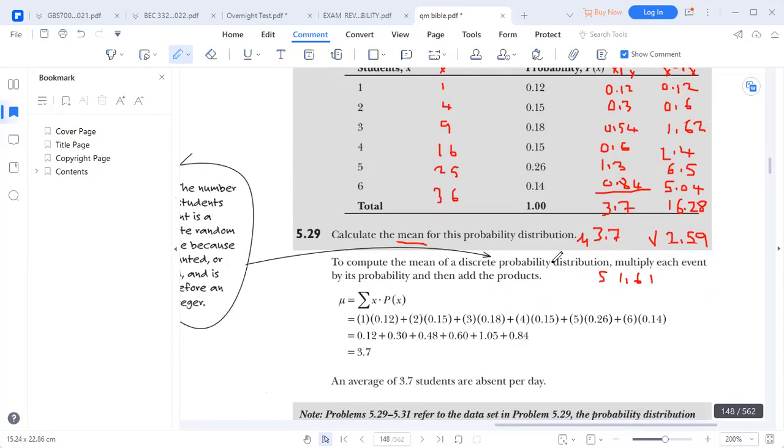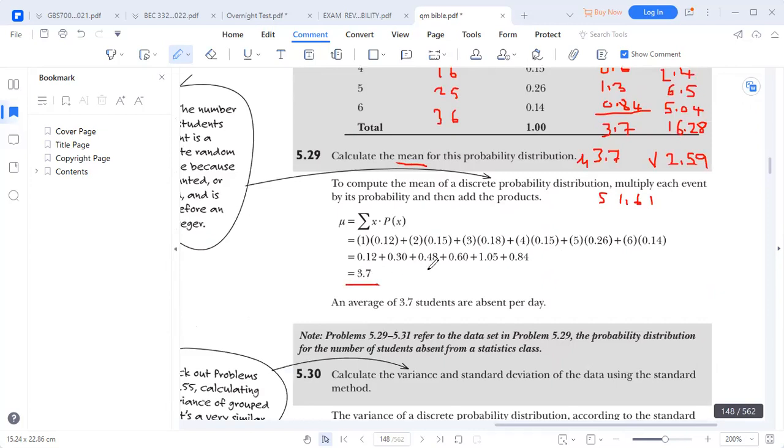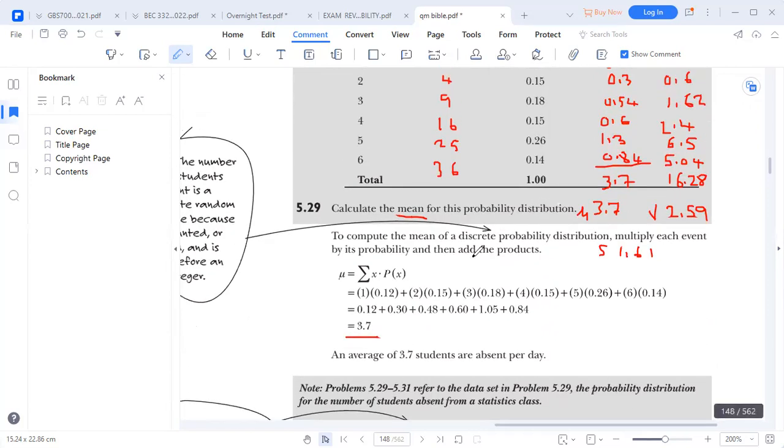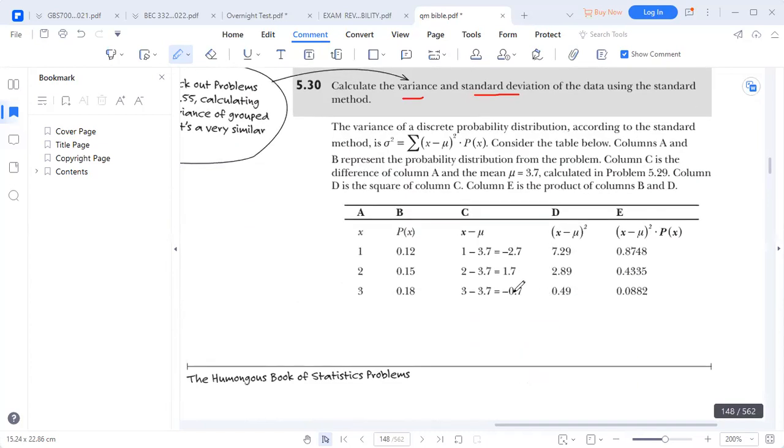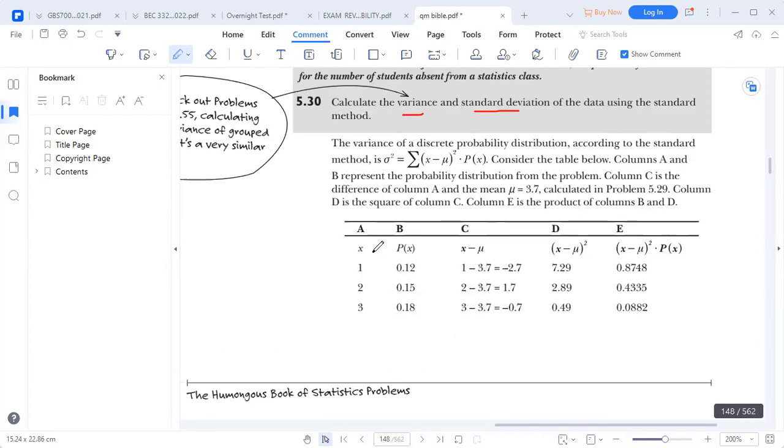So you can do this. So this is a 3.7. This is how we get it by multiplying. So the average students absent per day is 3.7. Then you can also calculate the variance and standard deviation using this formula or the formula I gave you. When you total them up, the mean you subtract from each individual element and square it and multiply by the probability.